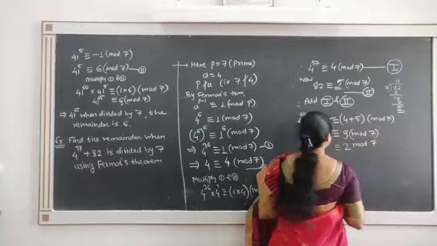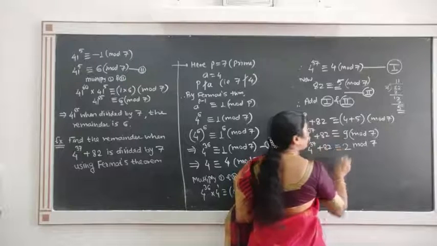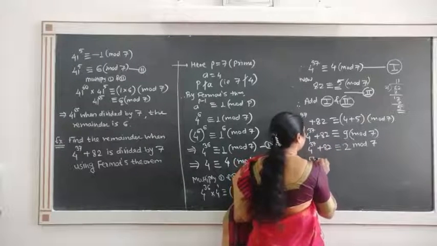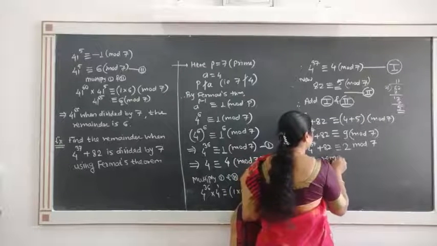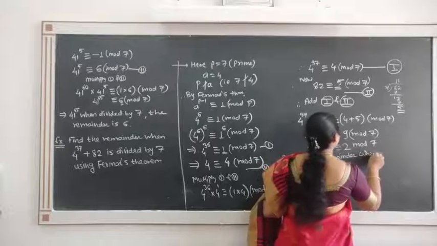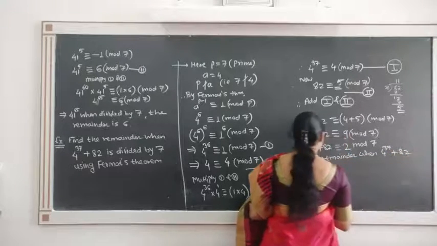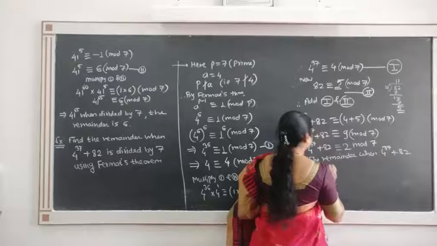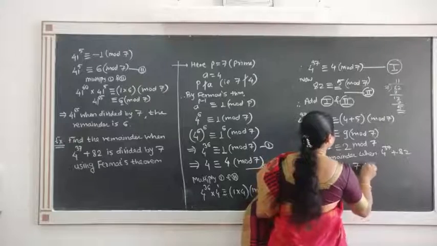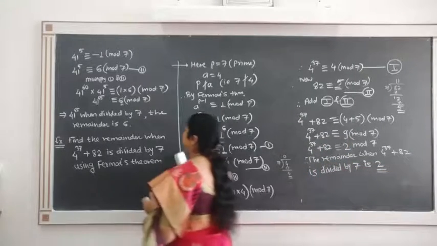So we write down 4 raised to 37 plus 82 is congruent to 2 modulo 7, and therefore the remainder when 4 raised to 37 plus 82 is divided by 7 is 2. The remainder comes to be 2.